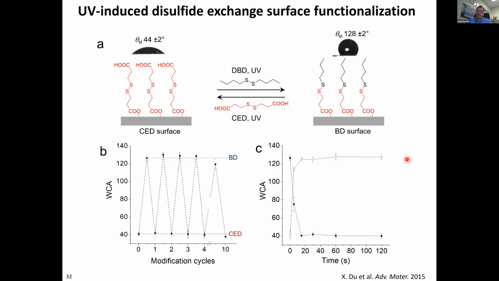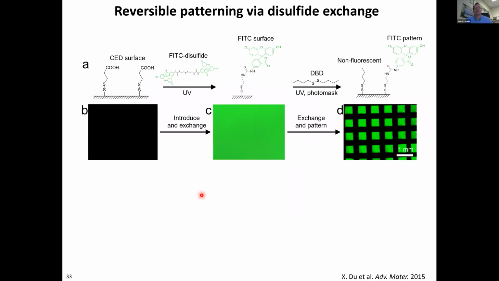Because of this dynamic nature, dynamic covalent bonds on the surface, we can think about new types of applications. For example, we can start from a non-fluorescent surface and functionalize it with fluorescent disulfides.